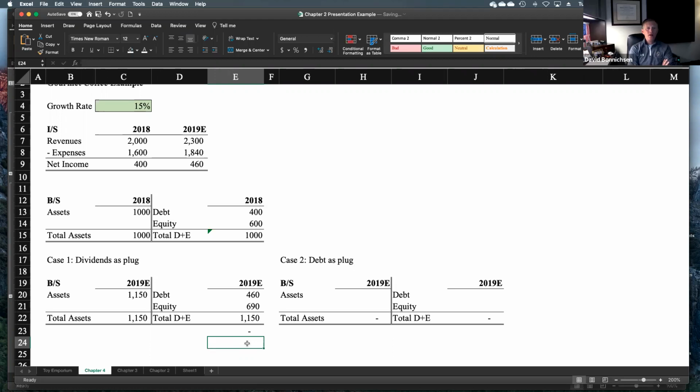Let's put it a different way. If we're not paying dividends in 2019, what should our 2019 projected equity be if we started 2019 with 600, and we made 460 in net income? What should that number technically be?